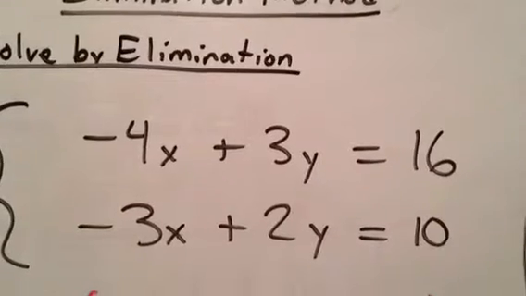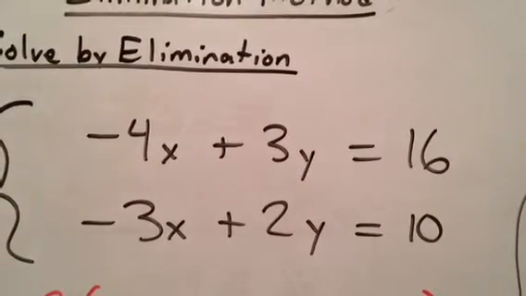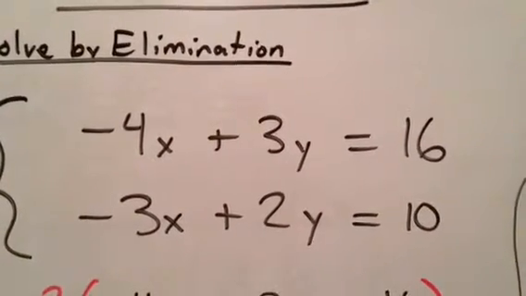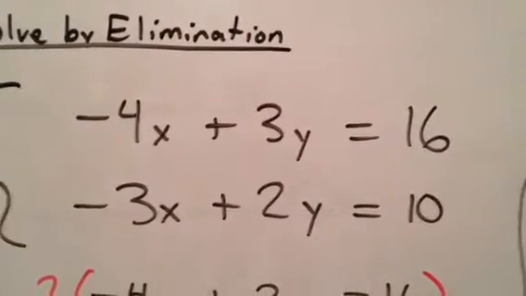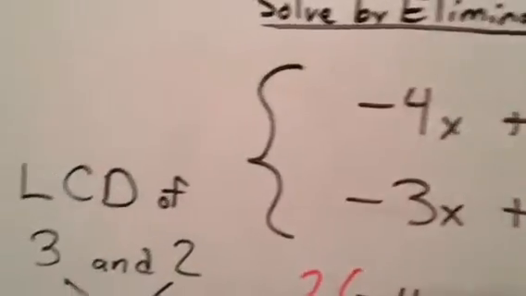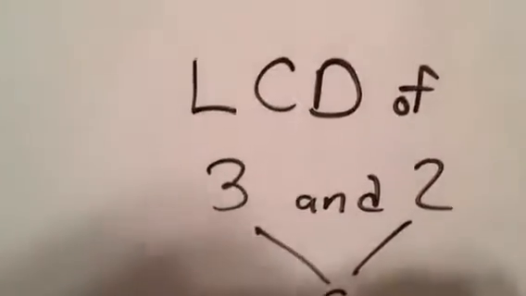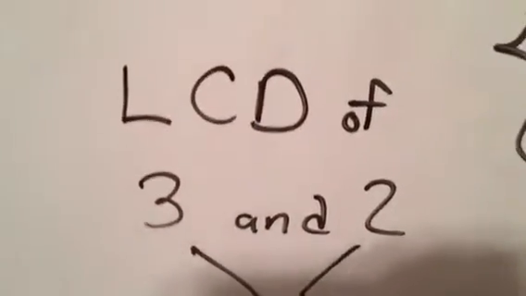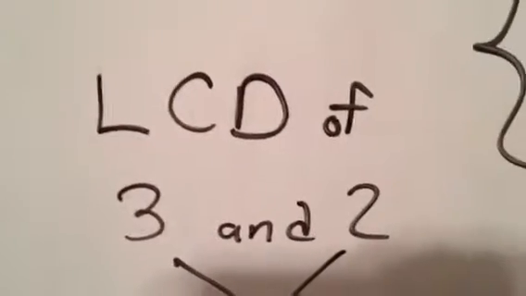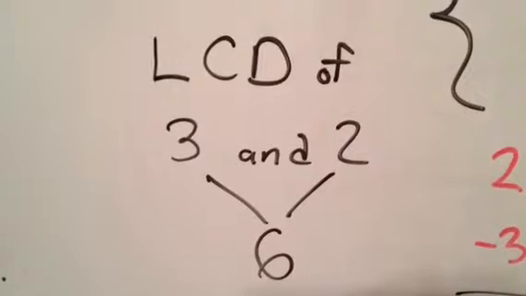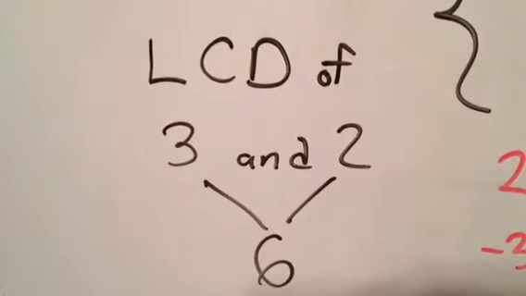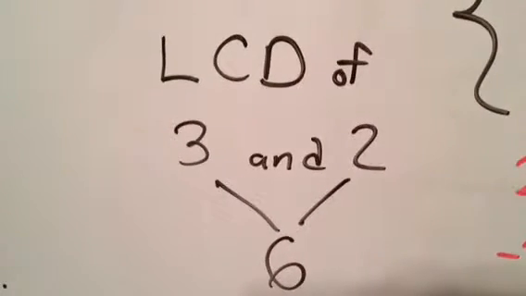For a problem like this, we want to think of the lowest common denominator. I can choose to eliminate either the x's or the y's. In this case, I decided to choose the y's. If you notice, the 3y and 2y, if we wanted to know the lowest common denominator of 3 and 2, you would say 6, because both 3 and 2 can divide into 6.